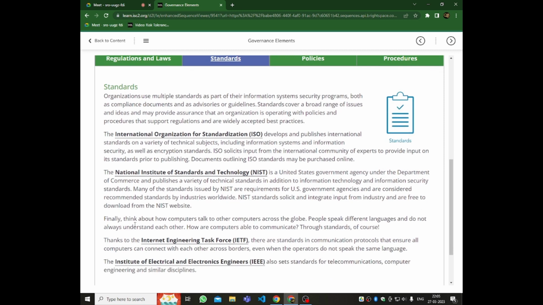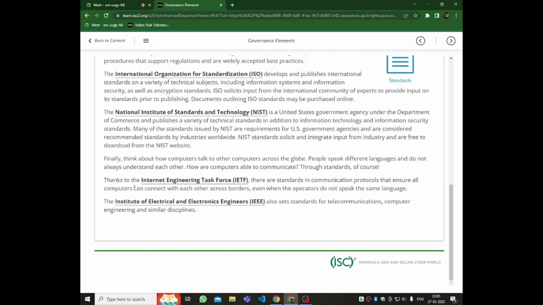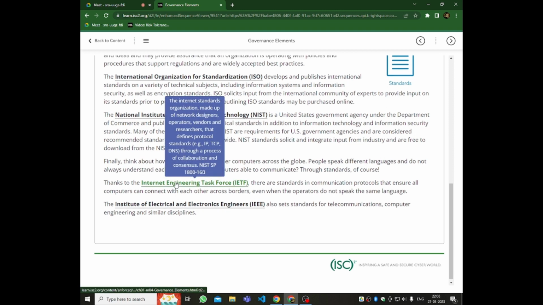Finally, think about how computers talk to other computers across the globe. People speak different languages and do not always understand each other. How are computers able to communicate? Through standards, of course, thanks to the Internet Engineering Task Force (IETF), the Internet standards organization made up of network designers, operators, vendors, and researchers that defines protocol standards.